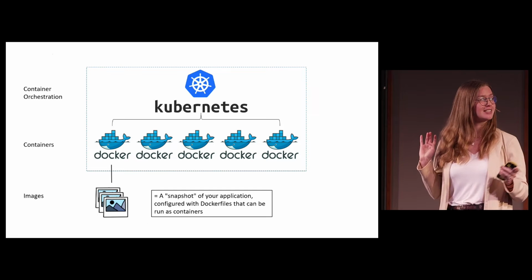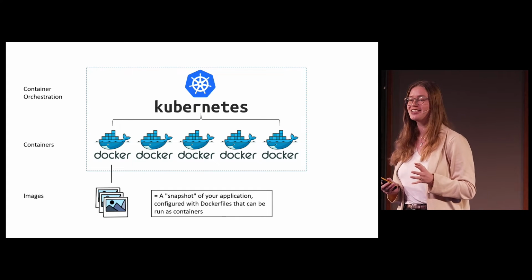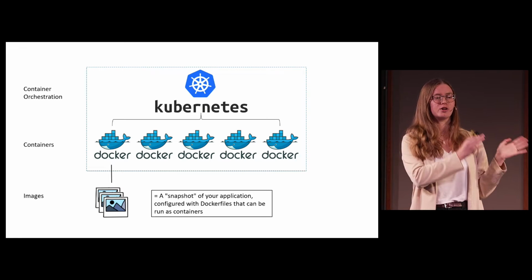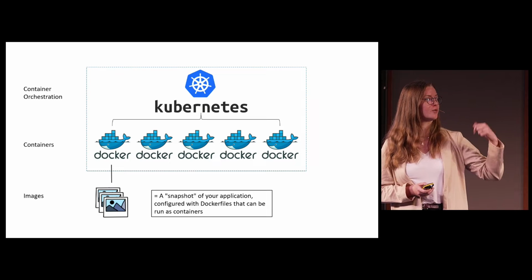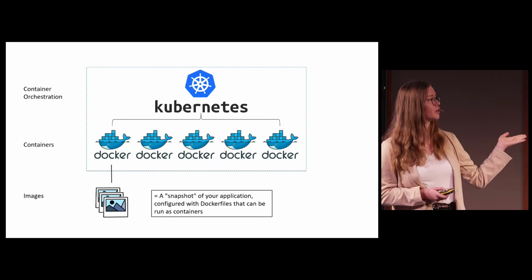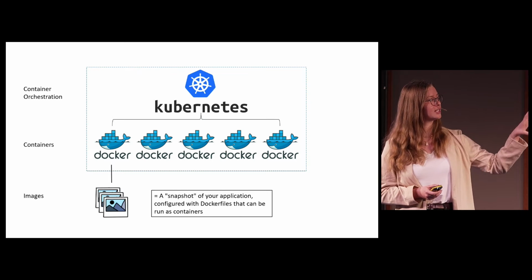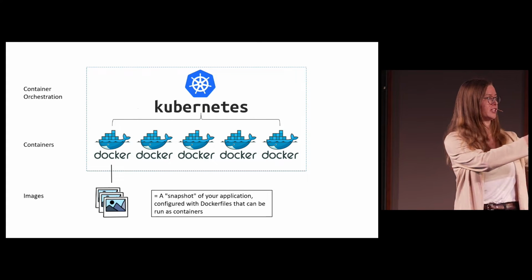The image is a snapshot of your application to ensure that you have the same application over time across machines. When images are run, they become containers that are hosted on Docker, for example. This is one way to get your code out public.